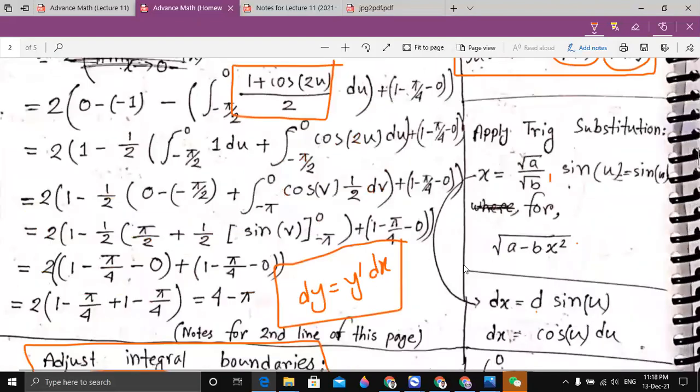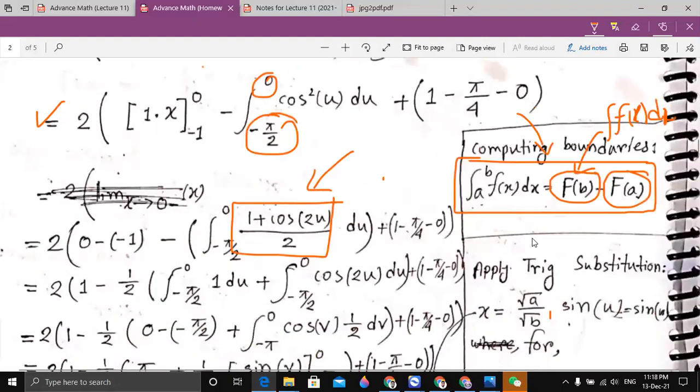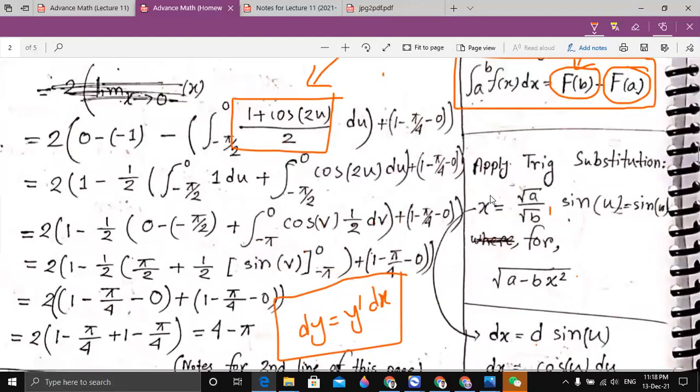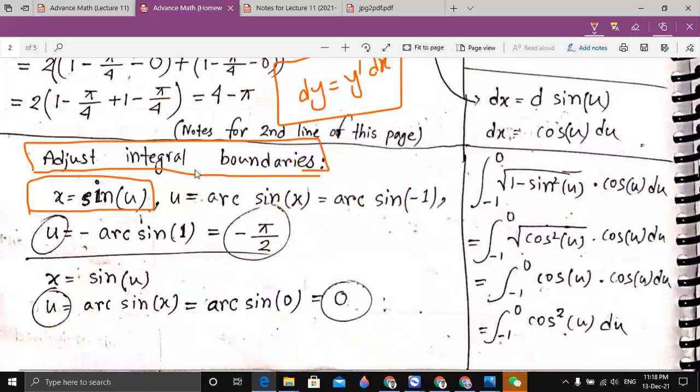Guys, do you remember here? We let x equal to sin u, right? So to adjust the integral boundaries, we have to keep u on the left side. If we take this sine from right to left, it will become inverse, or arc.